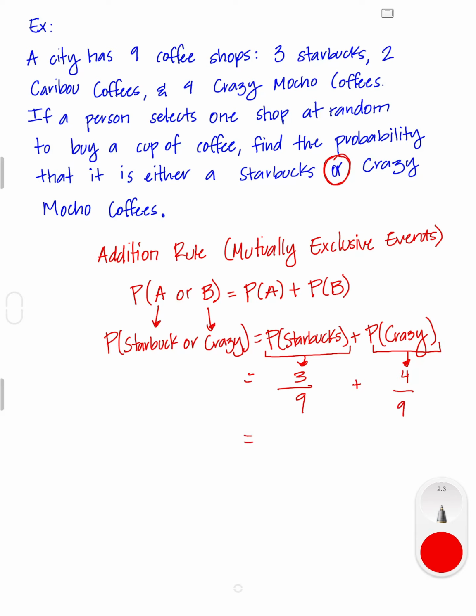So because we have the same denominator for both, what we can do is just go ahead and add the numerators. So 3 plus 4 is 7. So this will be 7 over 9.